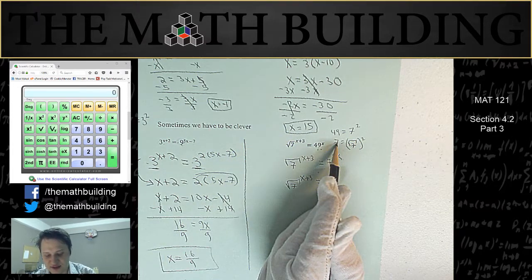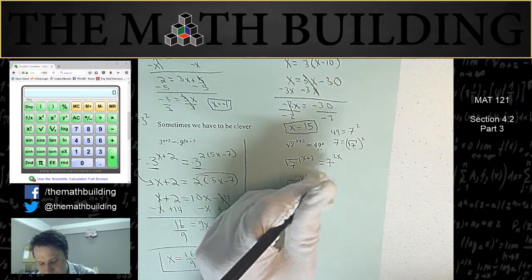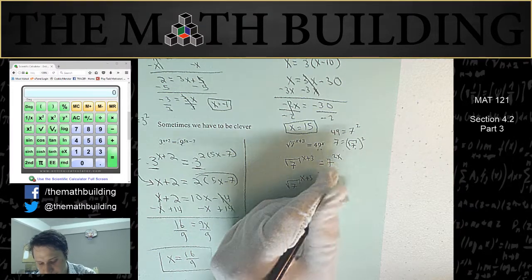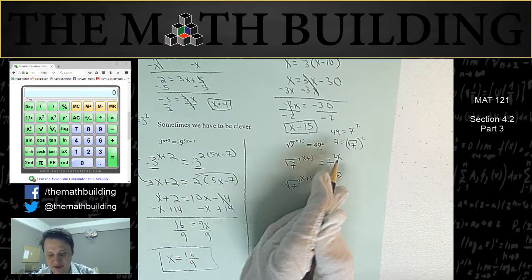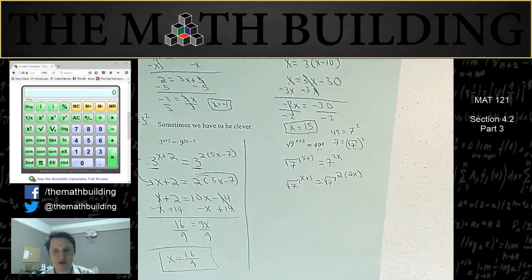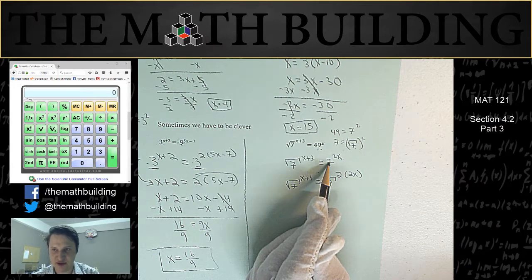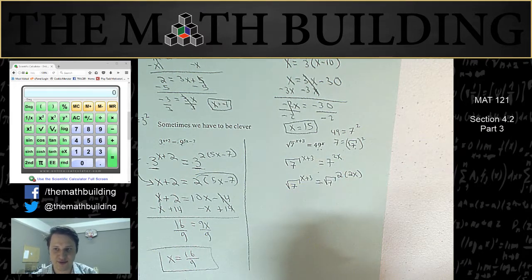Now instead of writing 7, I'm going to write the square root of 7 squared. And we still have 2x already up here. So take a minute and make sure that makes sense to you, because it's a little weird dealing with exponents like this. The square root of 7 squared is equal to 7, and the 2x is the 2x.